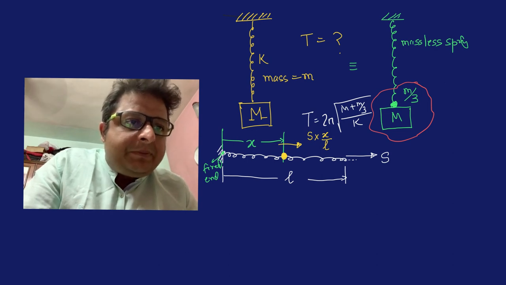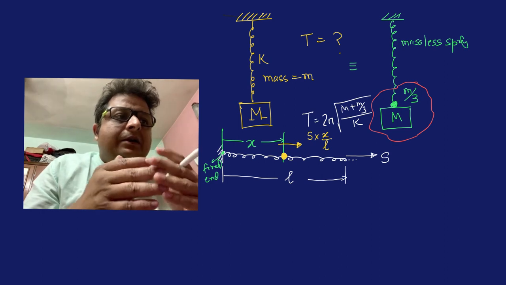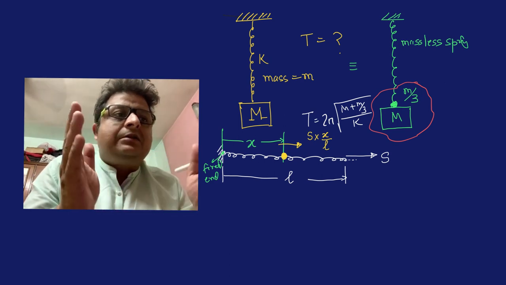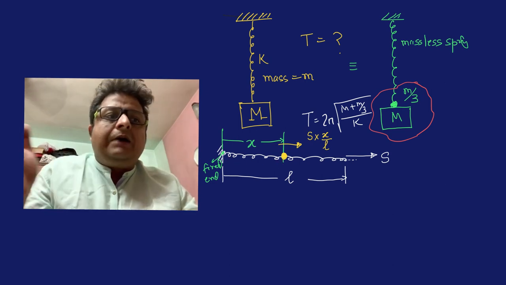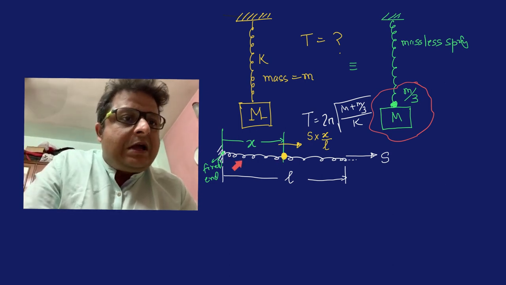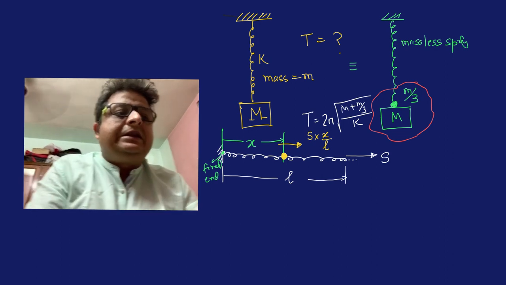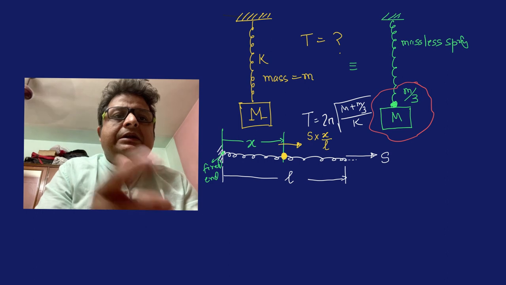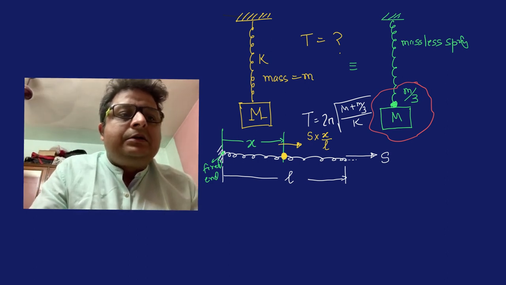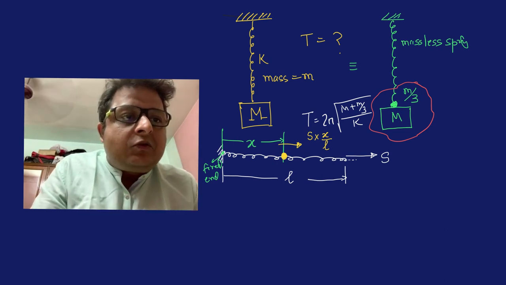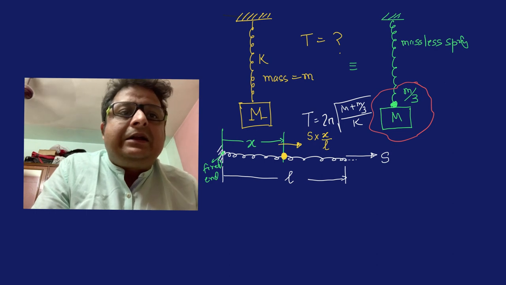If the total is n coils, there is an increase in separation between the successive coils. So if you take half the length, it will be half. Suppose there are 100 coils here, then the increase in length per coil is actually s by 100. The gap between successive coils will increase by this s by 100.